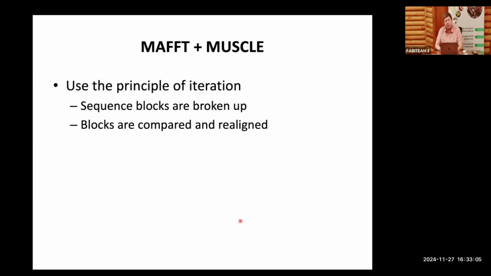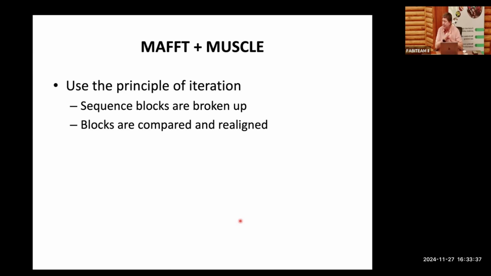MUSCLE and MAFFT are the two programs that are most frequently used, and this is the reason for that: they use iterations. So once it has an alignment, it doesn't stop. It breaks these blocks up and realigns them, breaks them up and realigns them. MAFFT stands for multiple sequence alignment using fast Fourier transform.